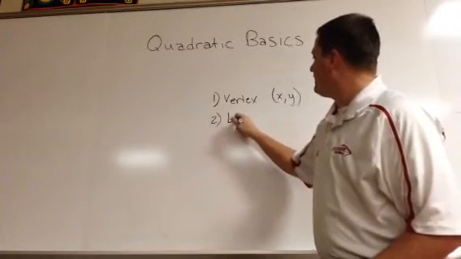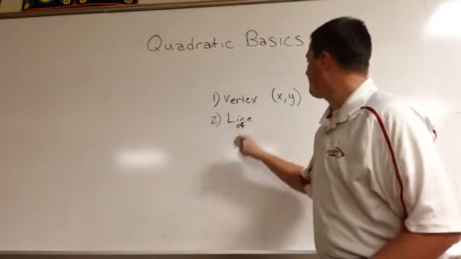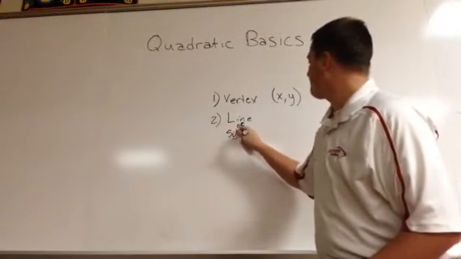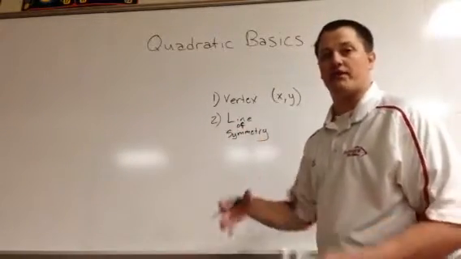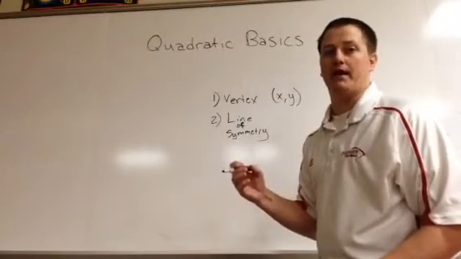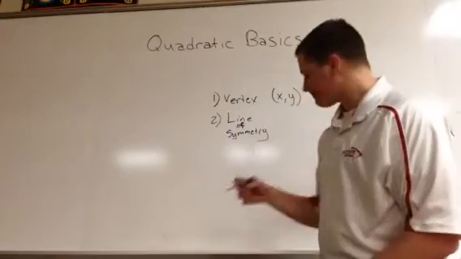Second is the line of symmetry. This line of symmetry is a vertical line that cuts the parabola, or the quadratic, into two equal halves.